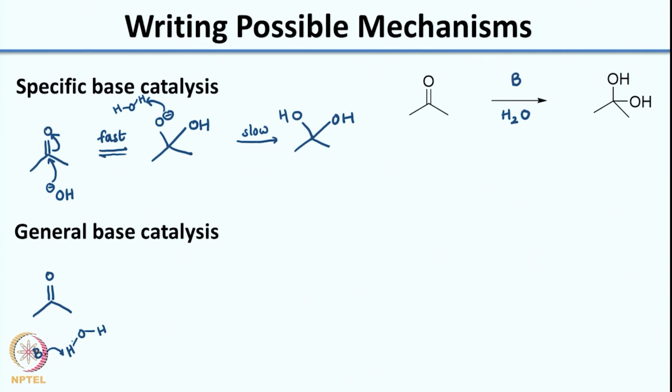Then you have this bond breaking, and what you would get would be a slower process where you have again O minus, OH plus BH+.